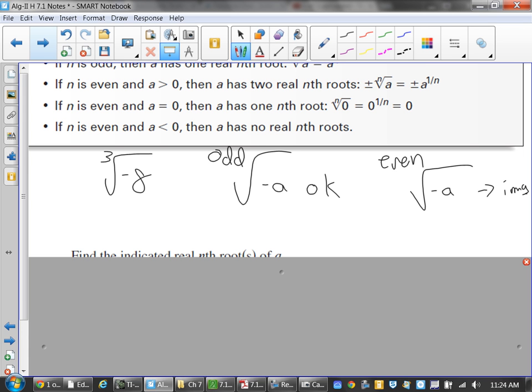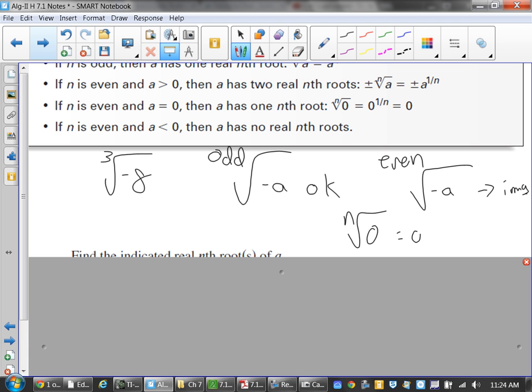We're not worrying about imaginary answers here at all; we're just going to be solving them through. Same idea if you have an nth root of 0. It's always going to be 0. What's 2 numbers multiplied together? It's 0. Really straightforward.